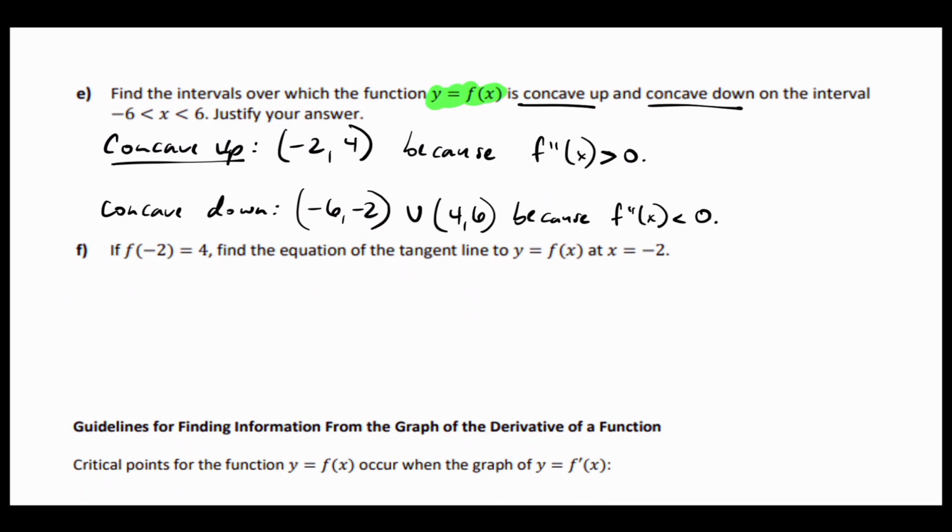Okay, last thing. On the original, we know that (-2, 4) is a point on the original. Find the equation of the tangent line at x equals -2. Equation of the tangent line: y minus y1 equals slope times x minus x1.